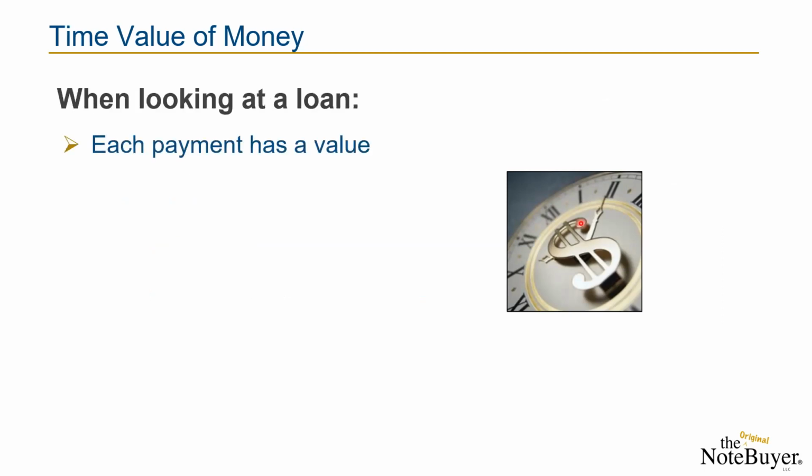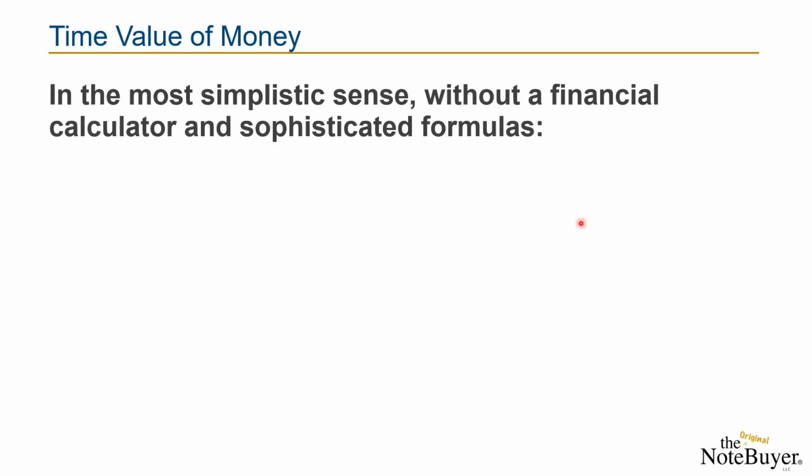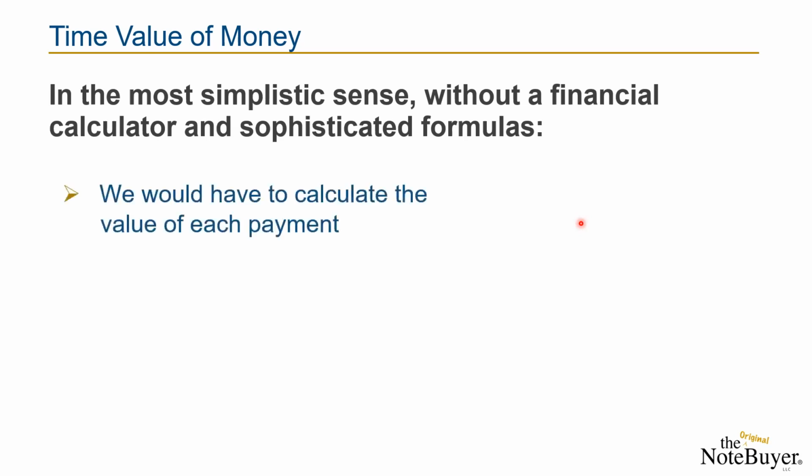When you are looking at a loan, you need to realize that each payment has its own value, and the farther out in time that payment is, the less value it has. So in the most simplistic sense, if you didn't have a financial calculator and you didn't have the formulas and the tables they used to work with, you would have to calculate the value of each monthly payment and then add it together.